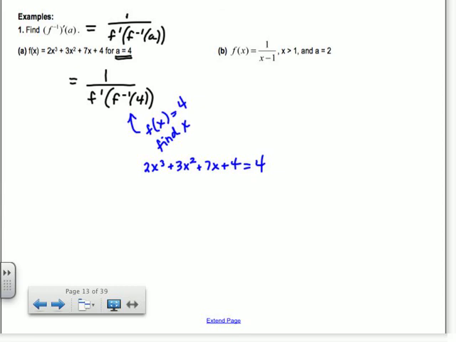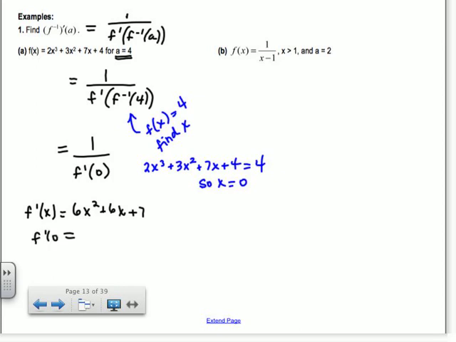What does x have to be? 0, thank you. They will be very simple like that. Like if this was a multiple choice question, you'd be able to see what f inverse was. All right, so we're really computing 1 over f prime of 0. Can we do f prime of 0? Yeah. F prime of x is 6x squared plus 6x plus 7. So f prime of 0 is 7. So in our case, our answer is 1 over 7.